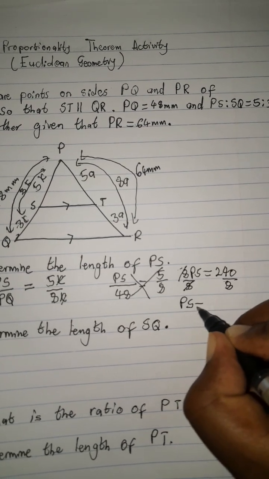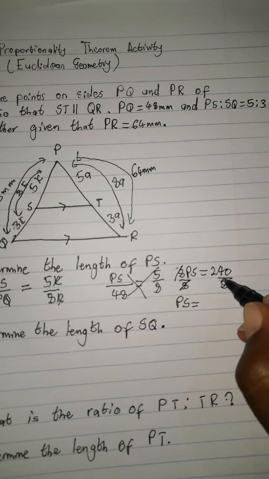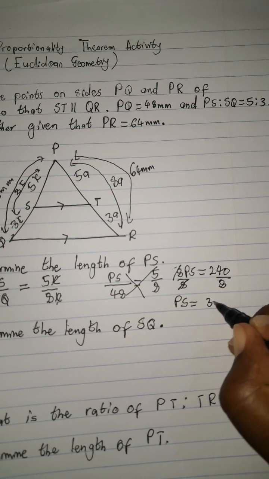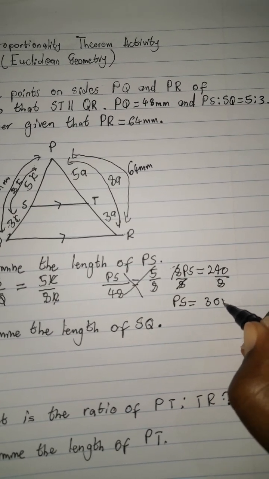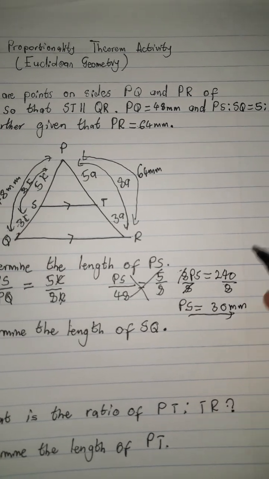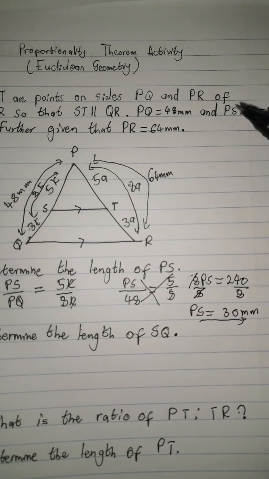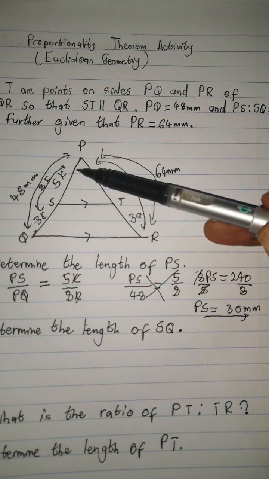Then what is PS? 8 goes into 240 thirty times. So we're going to have PS as 30 millimeters. This will be our solution for PS. In other words, PS is 30 millimeters.